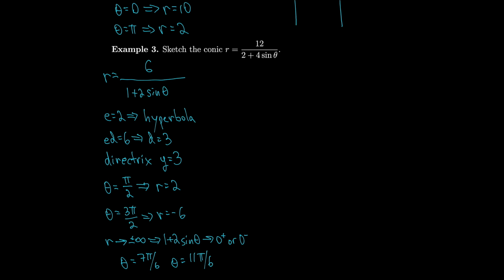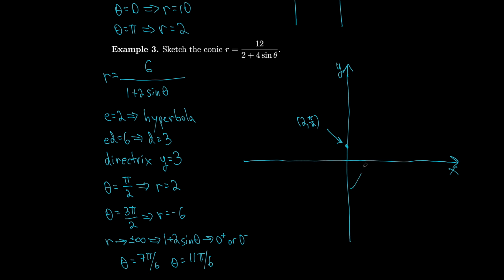So let's try drawing this now. So I have vertices at radius 2, angle pi over 2. So here's one of them. And my other one is at negative 6, 3 pi over 2, which is the same as flipping around, making r positive and going to pi over 2.